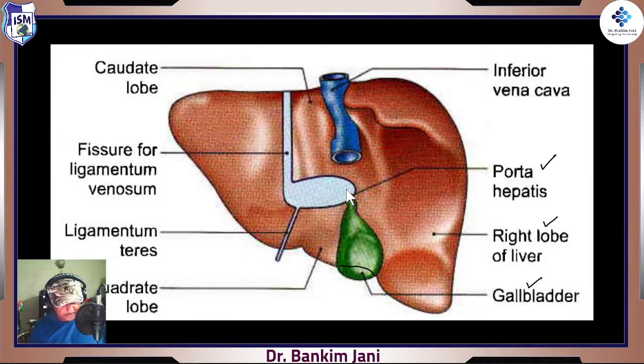This is that disciplined quadrate lobe. And this ligamentum teres, now you know it so well, so I need not say about it. This is the fissure for ligamentum venosum, that is very good. And this is the caudate lobe. Caudate means this is a bit irregular shaped, right? It is irregular shaped, so that is caudate lobe. Quadrate is four-sided, disciplined, good.